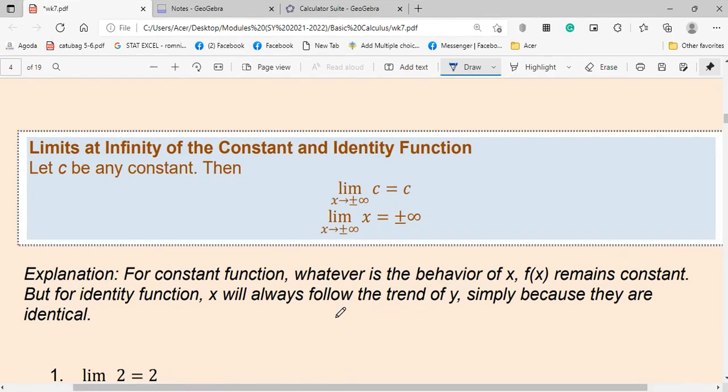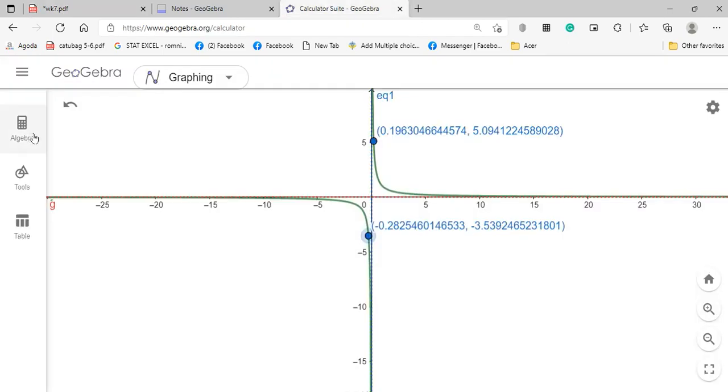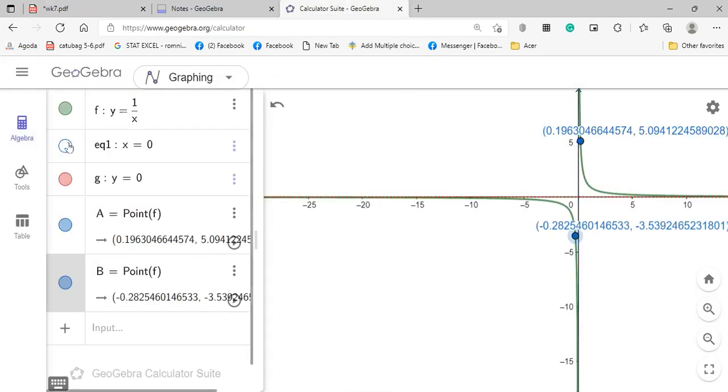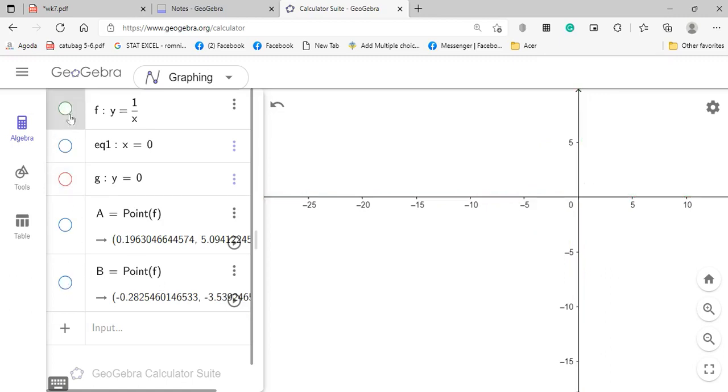The limits at infinity of the constant and identity function. A constant function is very simple, class. Whatever the x values do, whether you increase or decrease infinitely, nothing changes; it is still the same. If you have a graph of a constant function, let's say y is equal to 10.